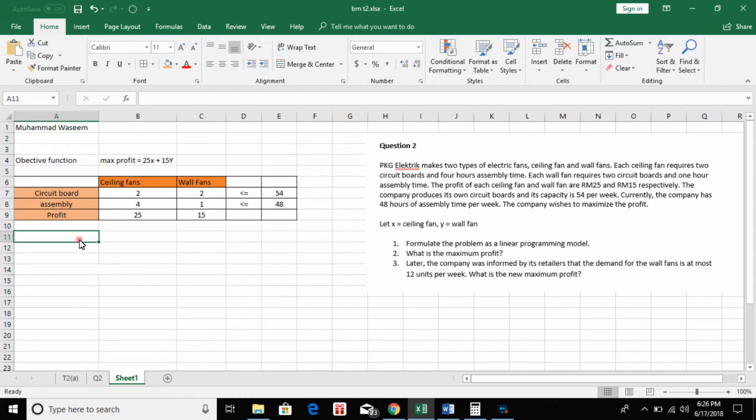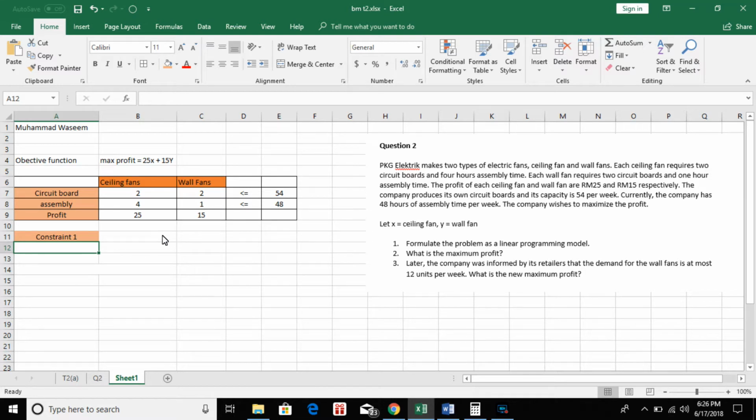So then next we have to extract constraints from the table. We already drew the table, and we have two constraints. So constraint one is, we have to represent ceiling fan by x and wall fan by y.